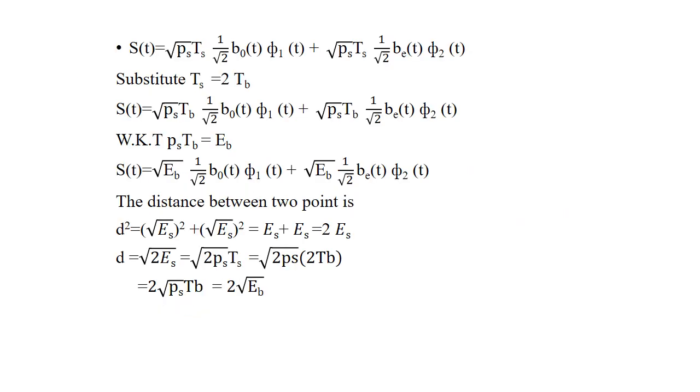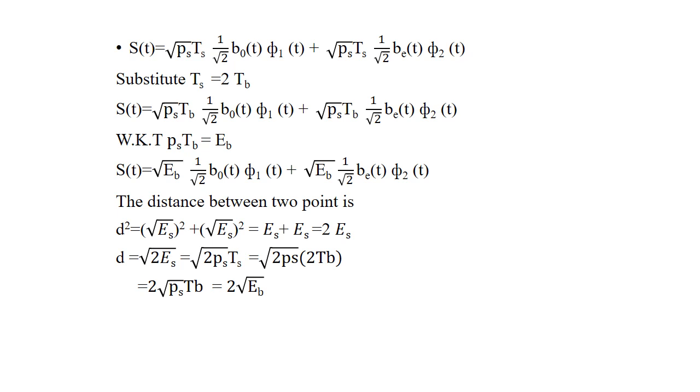So S of t equals root Ps Ts times 1 by root 2 b naught of t into phi 1 of t, plus root Ps Ts times 1 by root 2 b e of t into phi 2 of t. Substituting Ts equal to 2 TB, we get S of t equals root Ps TB times 1 by root 2 b naught of t into phi 1 of t, plus root Ps TB times 1 by root 2 b e of t into phi 2 of t.